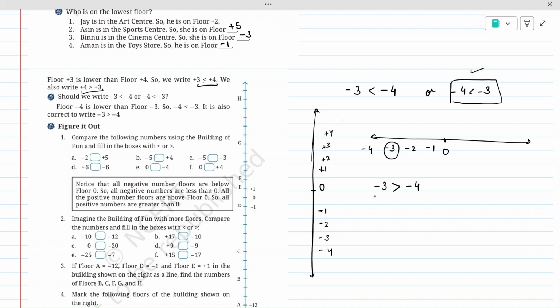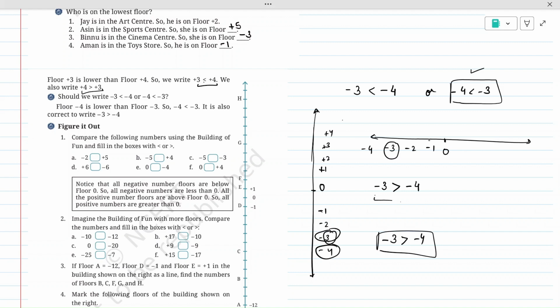If I consider this example in the vertical number line, we have -3 here and -4 here. And -3 is above -4, so -3 is greater. The higher the number in the vertical number line, the greater the number will be.